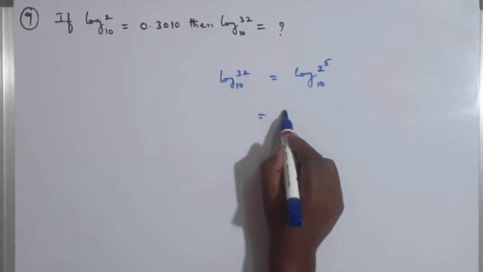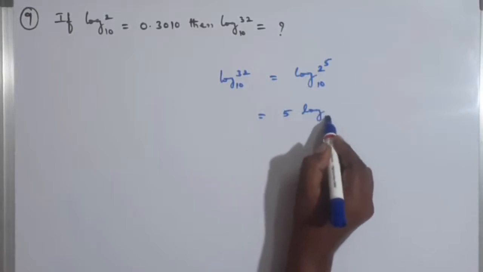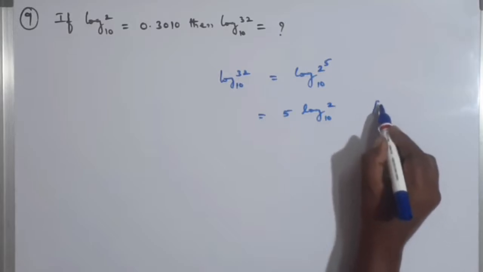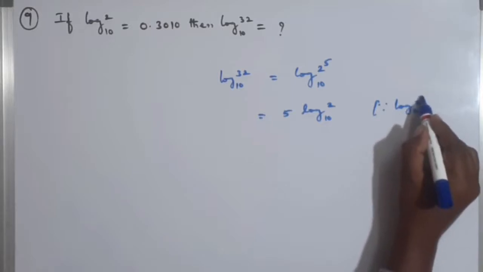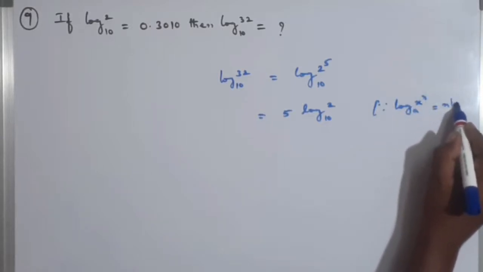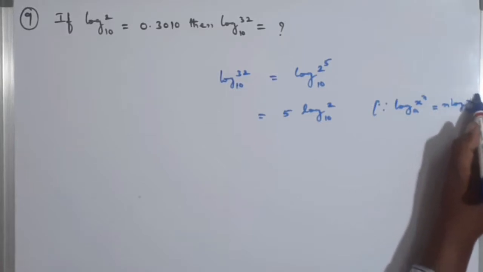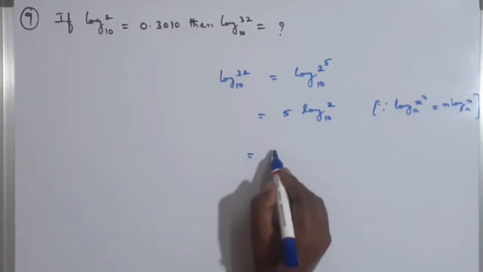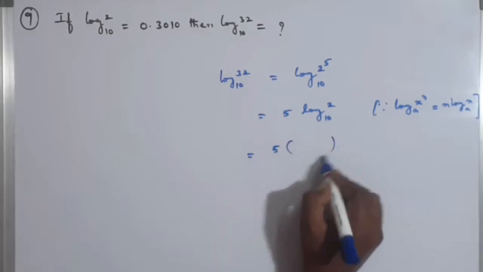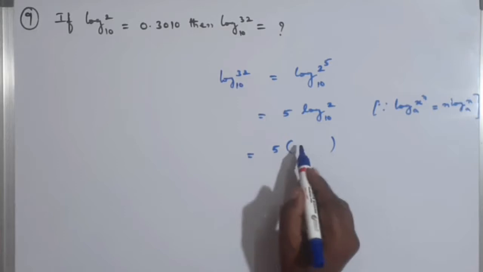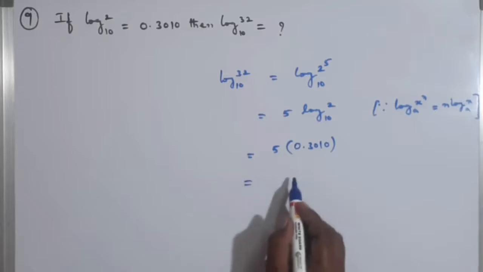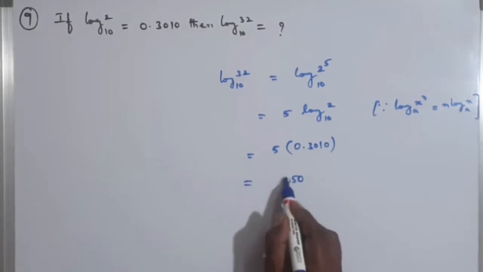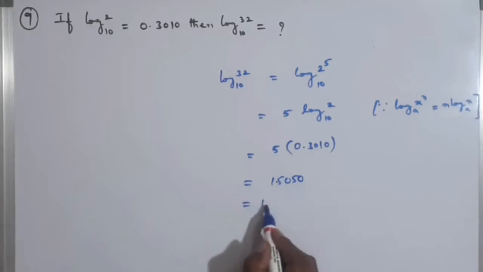So this is 5 of log base 10 to 2, by the formula log base a to x to the power of n equals n of log base a to x. 5 into the value of log base 10 to 2, which is given as 0.3010, gives 1.505 as the answer.